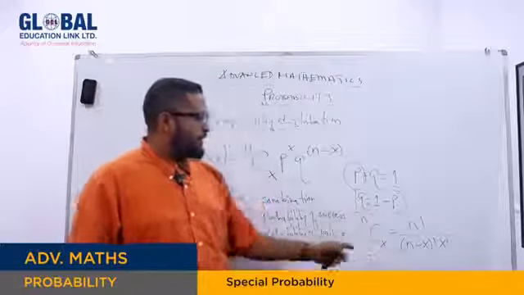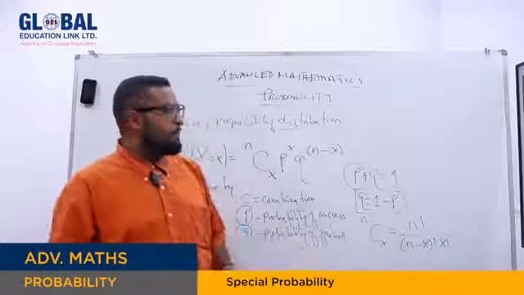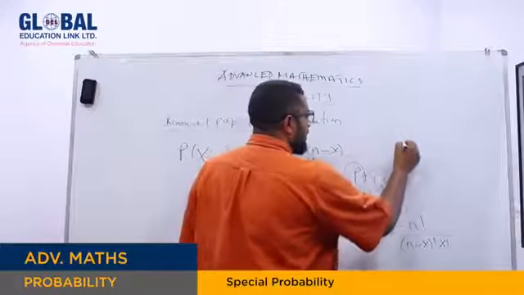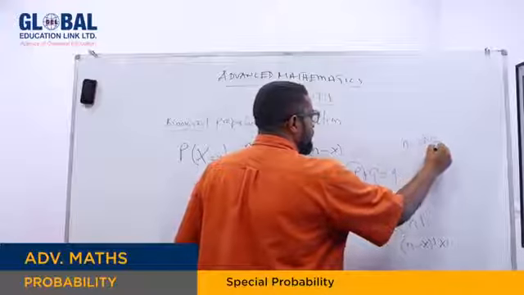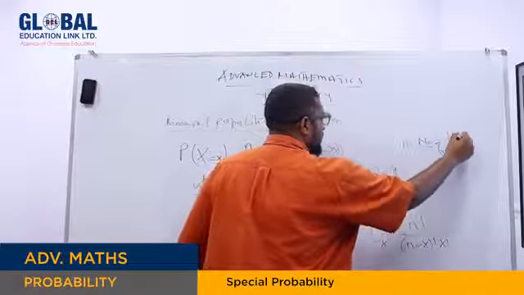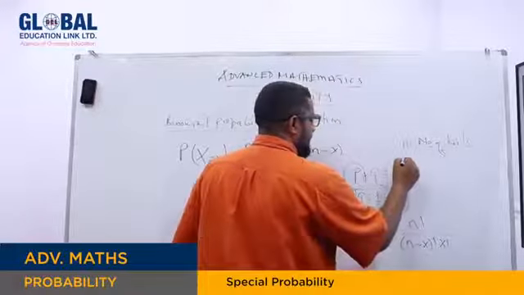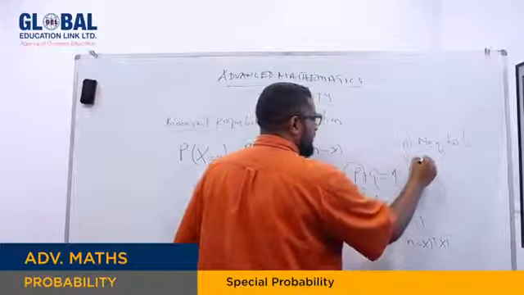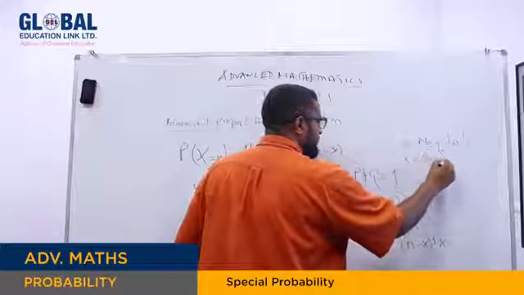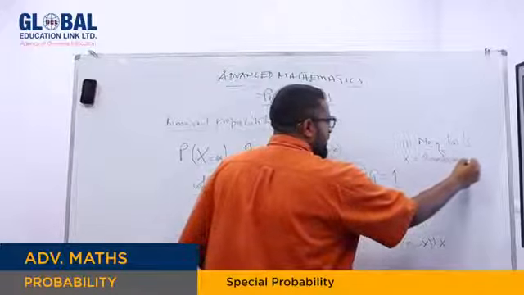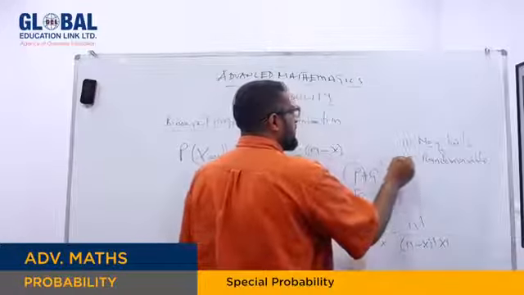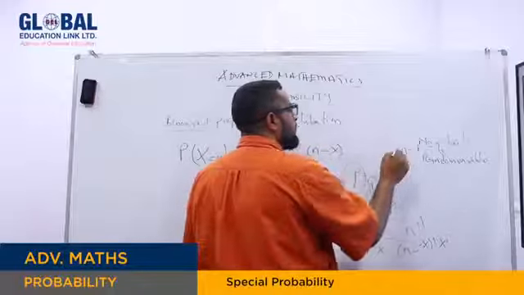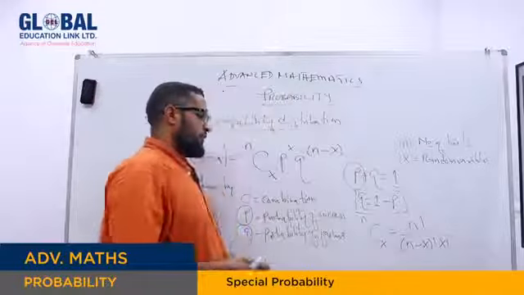From the formula, n equals the number of trials, and x is the random variable, normally picked from this number of trials.